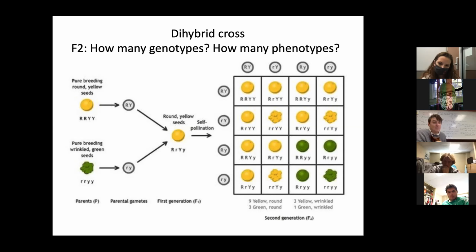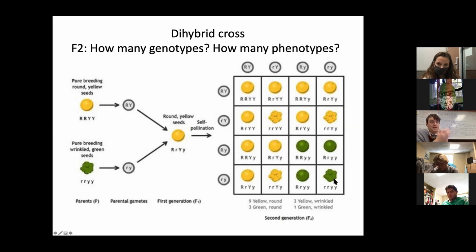And how many different genotypes are there? Eight, maybe? Yeah, 1, 2, 3, 4, there's a pair, 5, 6, 7, 8, 9.